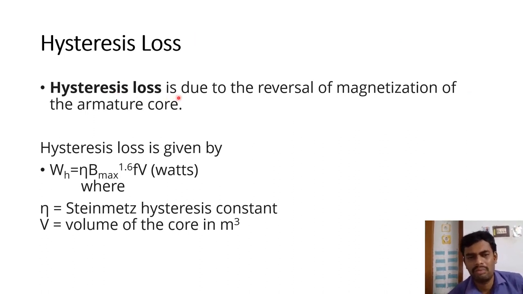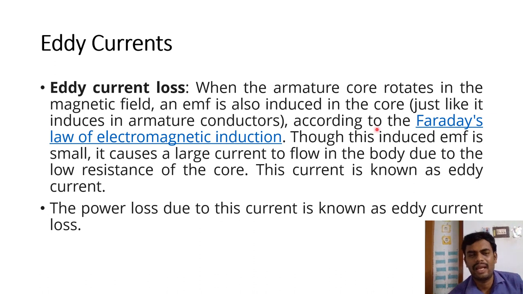Hysteresis loss is the loss which occurs due to the reversal of magnetization of the armature core. The hysteresis loss is given by WH equals eta Bmax to the power 1.6 F V watts, where eta is the Steinmetz hysteresis constant and V is the volume of the core. Next, eddy current loss.